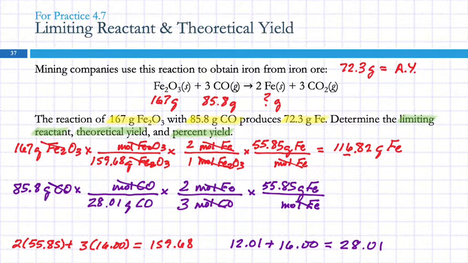So 85.8 divided by 28.01 times 2 divided by 3 times 55.85 equals 114.05 grams of iron.